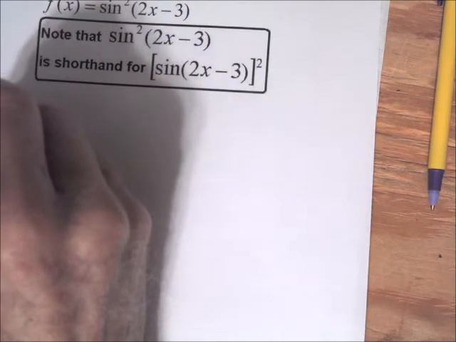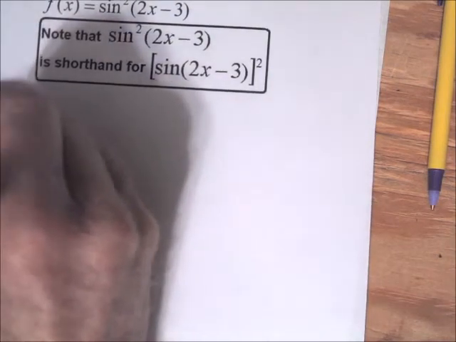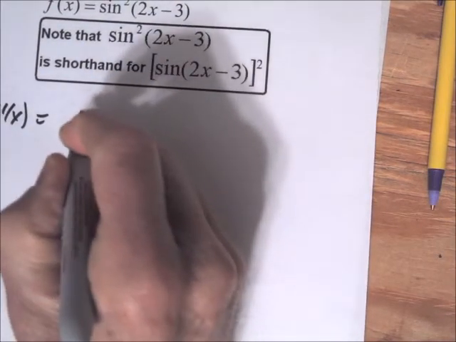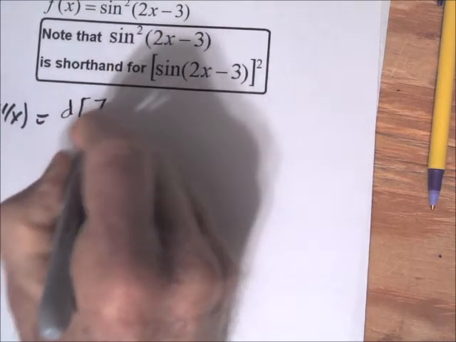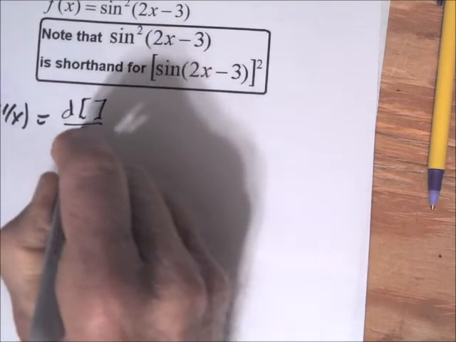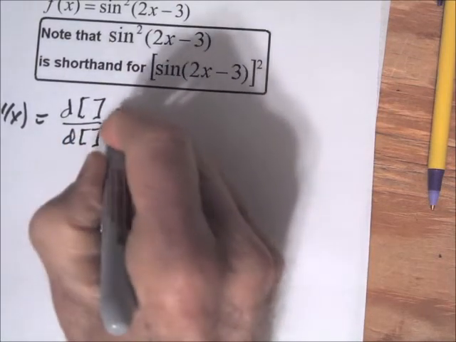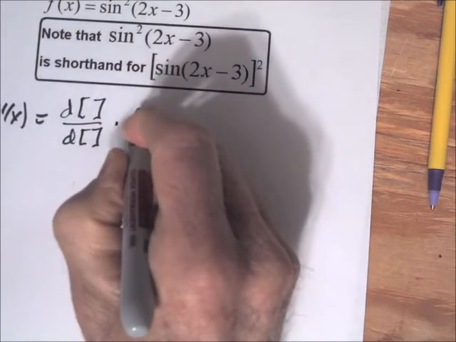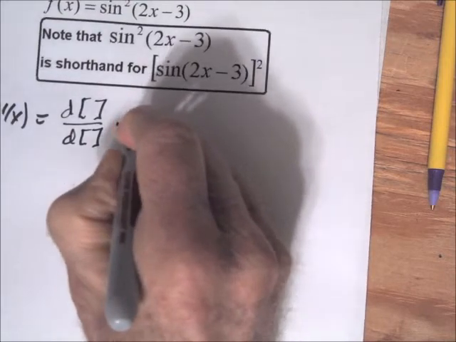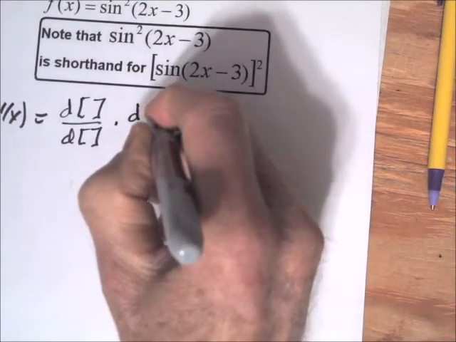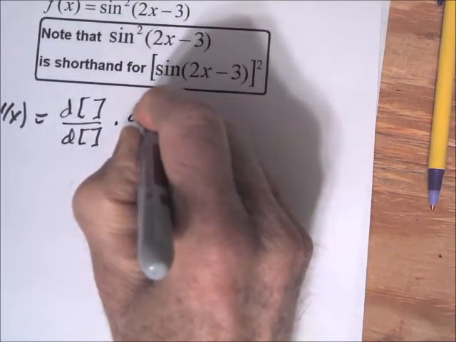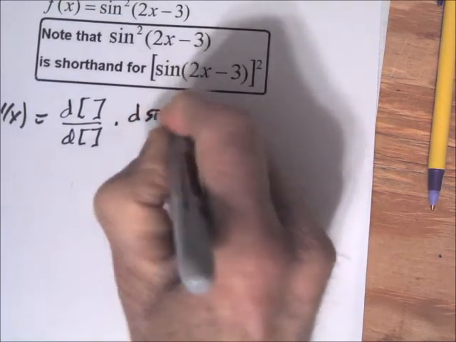So f prime of x is going to be the derivative of what's in the square brackets, with respect to the square brackets, times the derivative of what we have inside the square brackets. We have sine of the middle function.